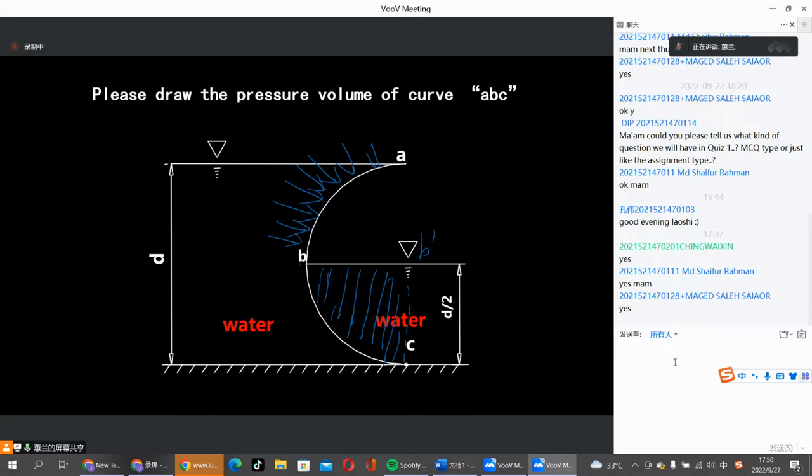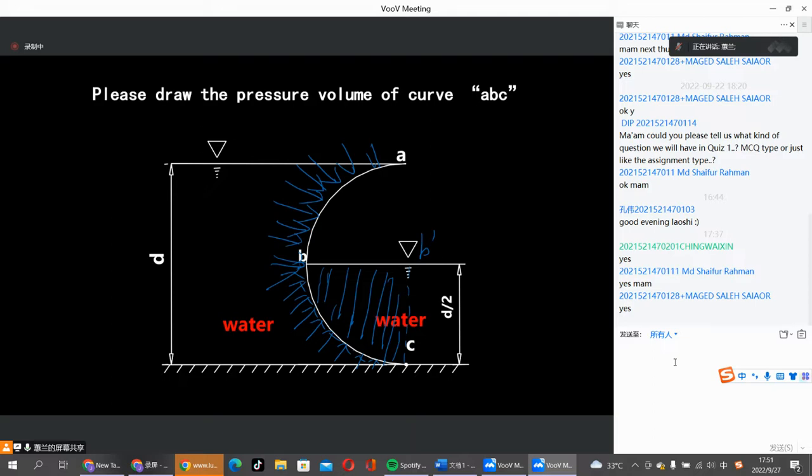So for this part, it's actually downward. And for this part, the pressure force is this way, it's upward, a vertical force, okay? So that's why we cut it into two halves and then analyze section AB, section BC, okay?